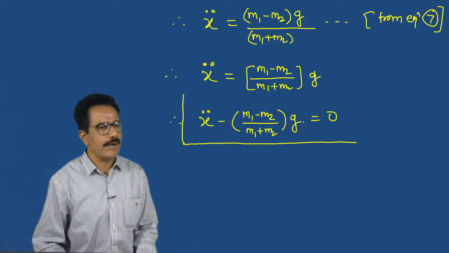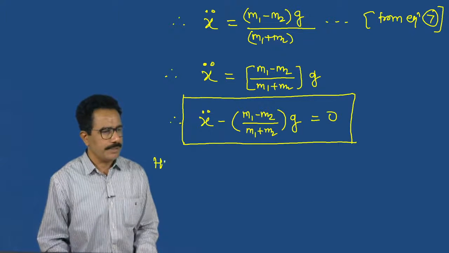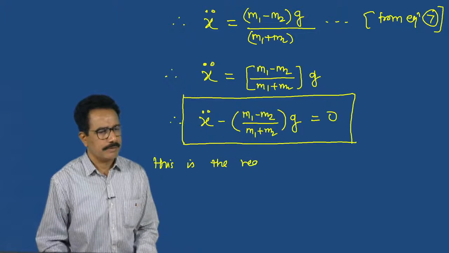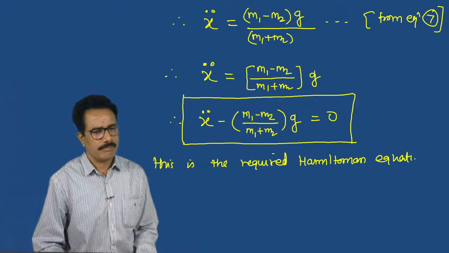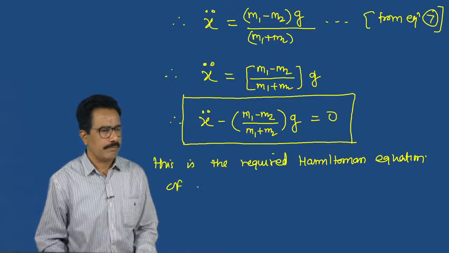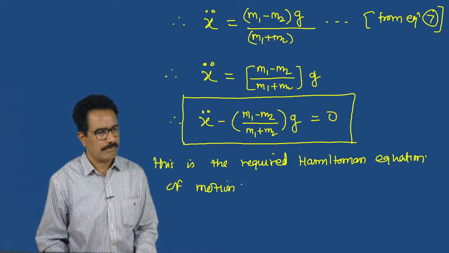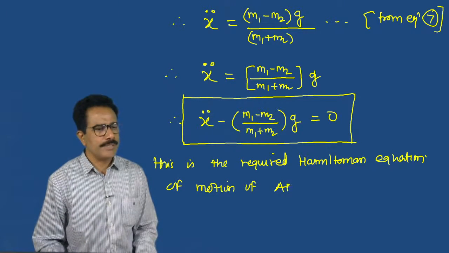This is the required Hamiltonian's equation of motion. This is Atwood machine.